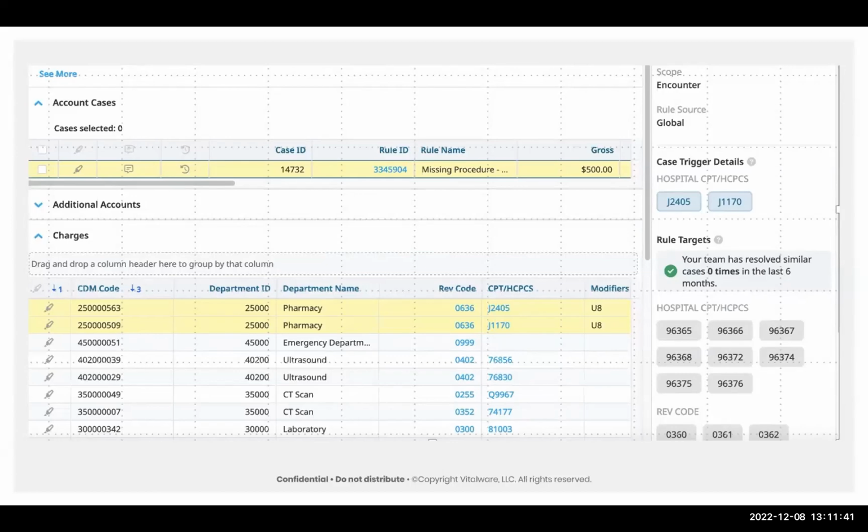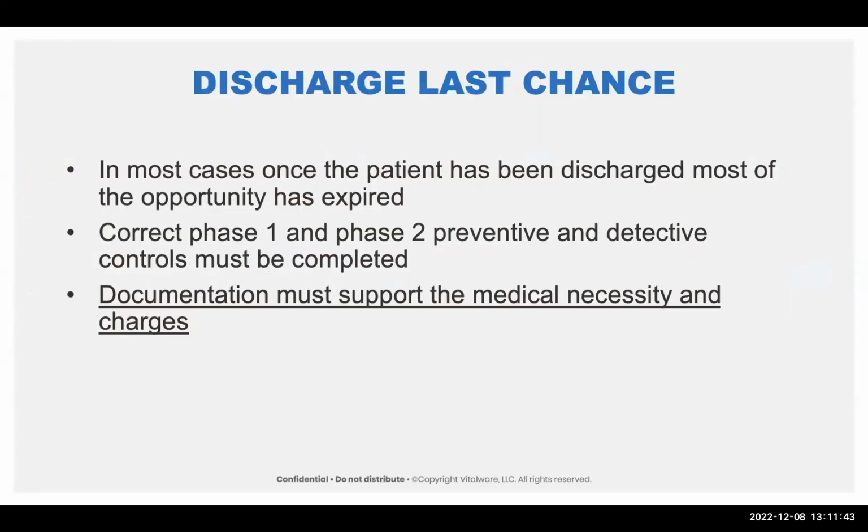So that's an example. Discharge is your last chance. Remember, once discharged, all things are final. And you see this quite a bit with condition code 44, inpatient to outpatient. It specifically states it has to be done prior to discharge. So what do you want to do? You want to start phase 1 and phase 2 before discharge, and you work with care management and utilization review to make sure at the time of discharge, all the orders are there.